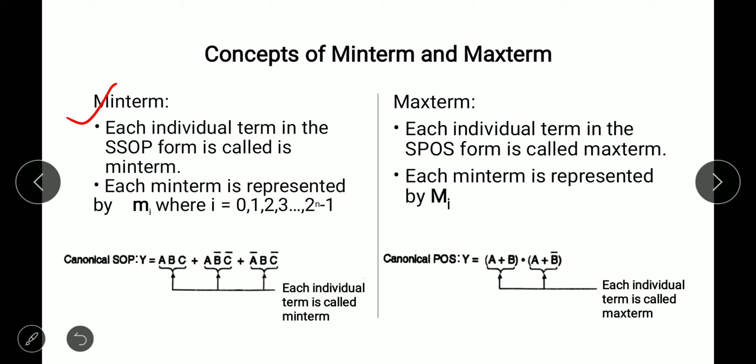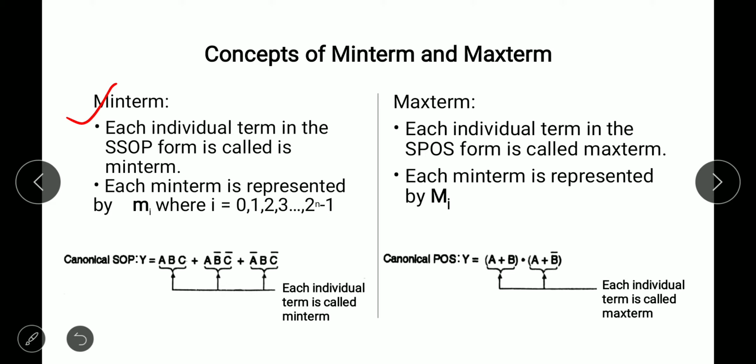That is, the terms present in a standard sum of product form are called min terms. Each min term is represented by small m with suffix i, which represents the numbers 0, 1, 2, 3 up to 2 to the power n minus 1.